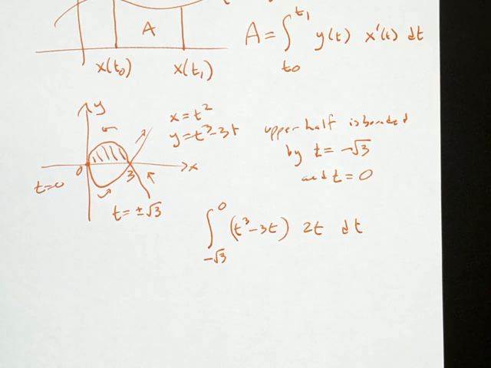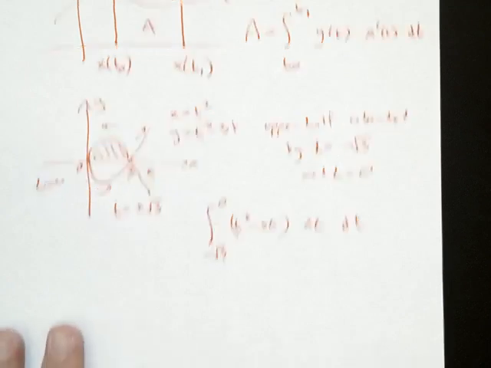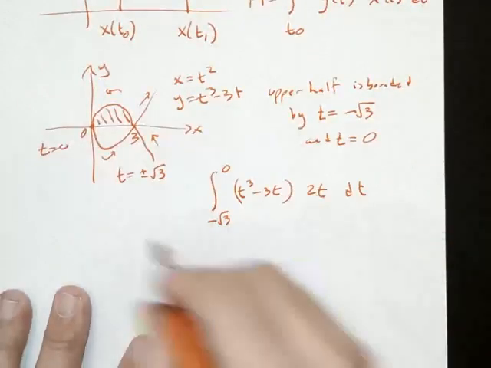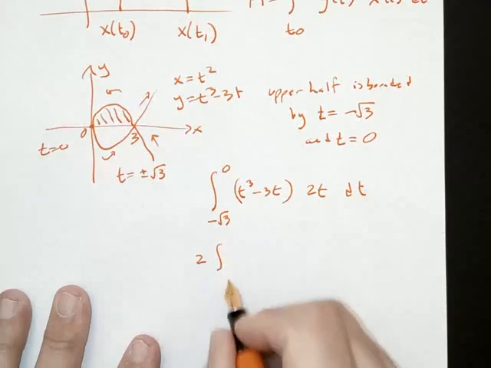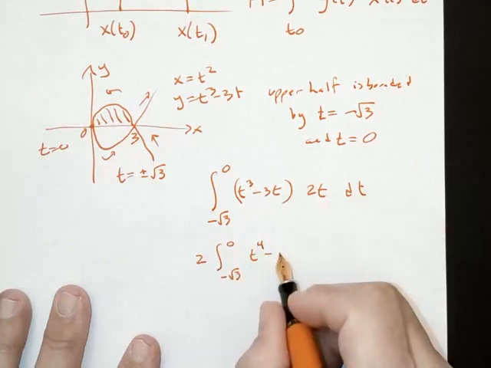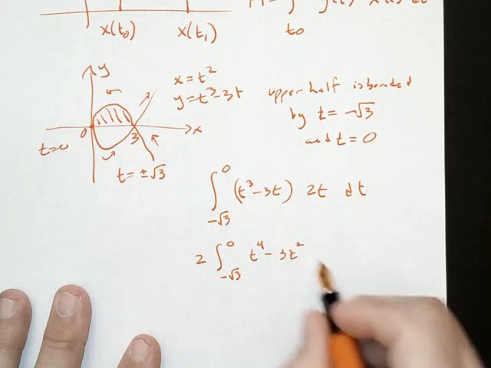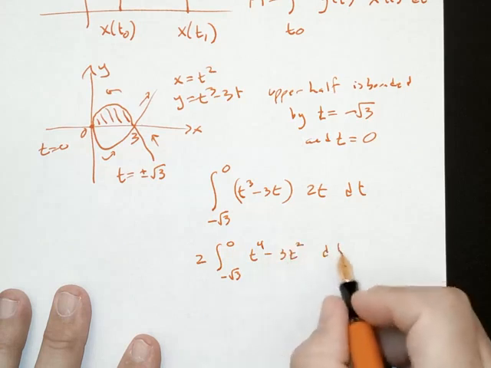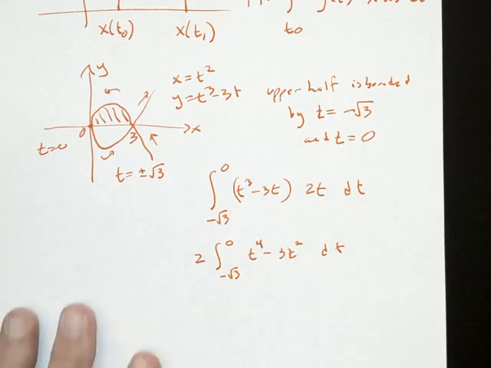Well, that's actually a relatively easy integral to do, isn't it? I'll take this 2 out front, and then I get t to the 4th minus 3t squared, integrate dt.